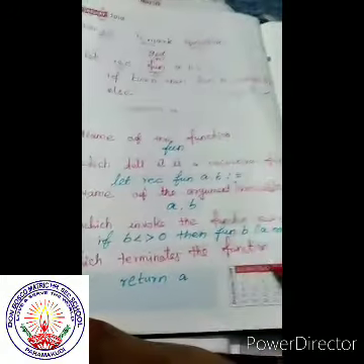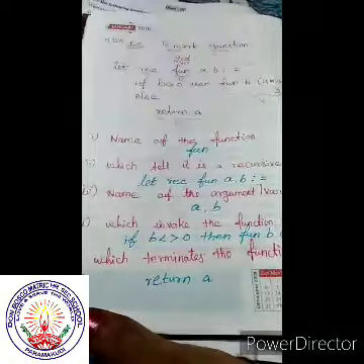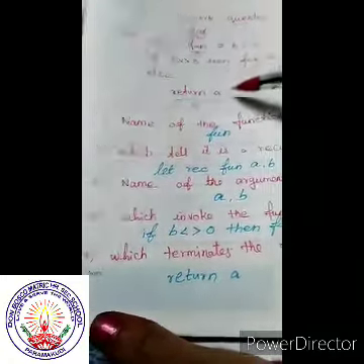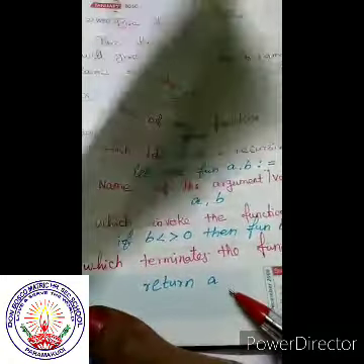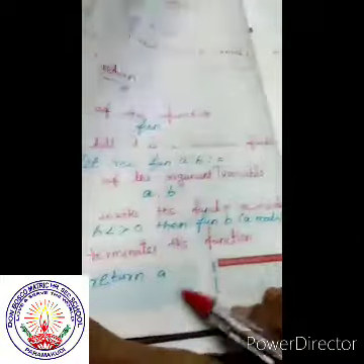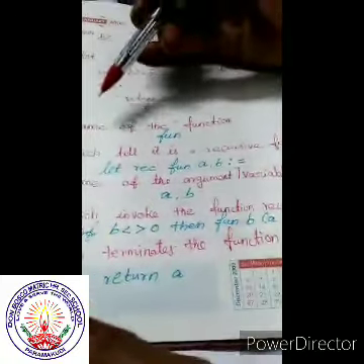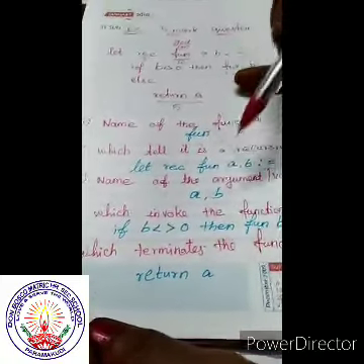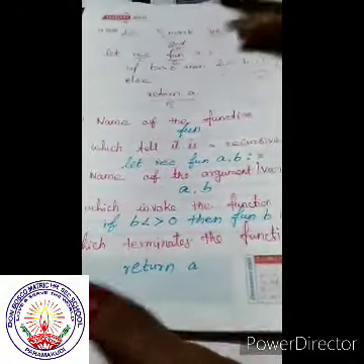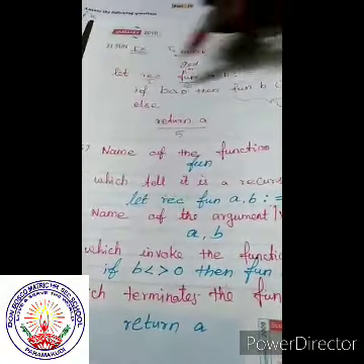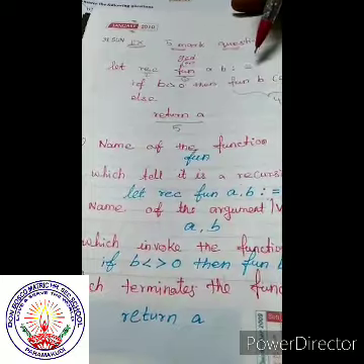And last one, which terminates the function? Return A is the termination of the given function. So the answers: option 1, the function name is fun. Option 2, recursive function: the first line is the recursive function definition.